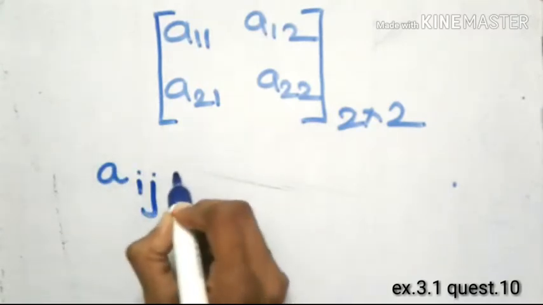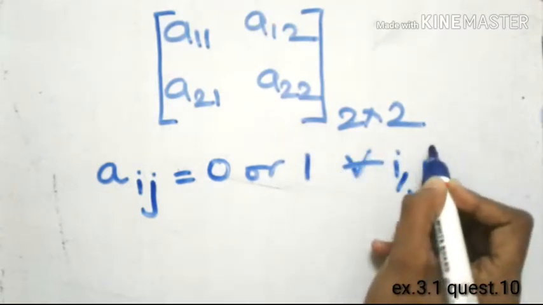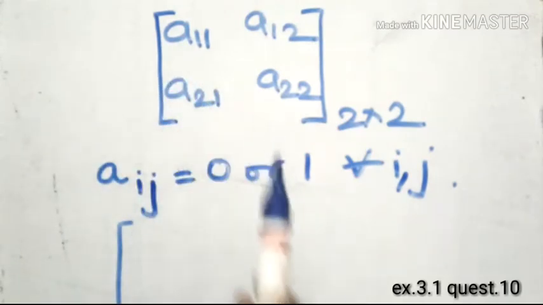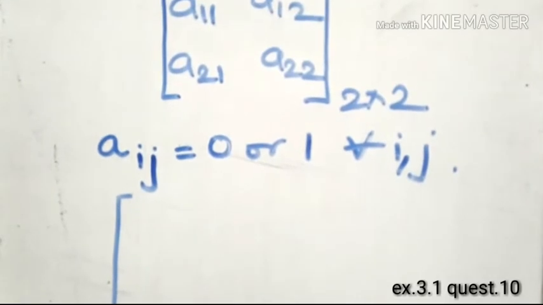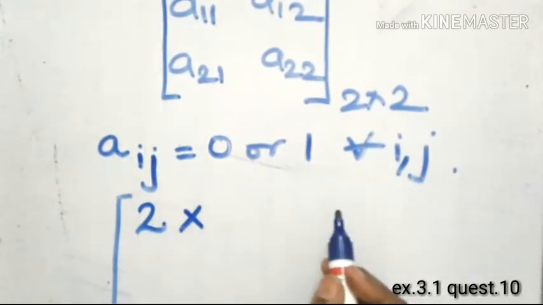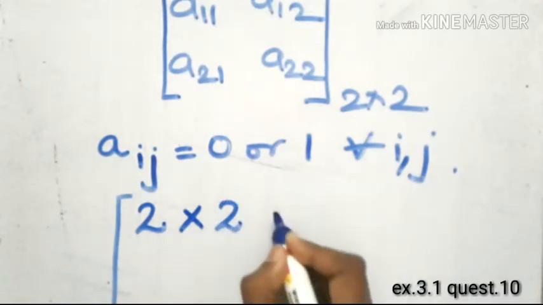So Aij can be either 0 or 1 for all i, j. So that means my first matrix element A11 has 2 possibilities. Either it can be 0 or 1. And A12 can also have 2 possibilities, either 0 or 1.